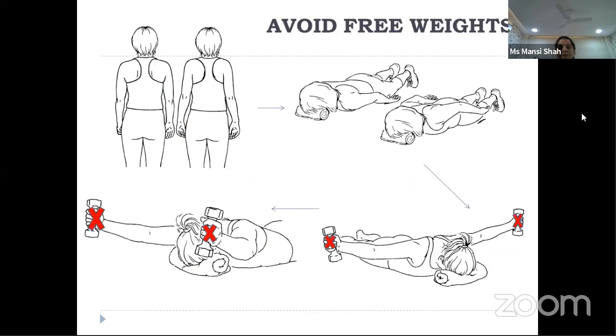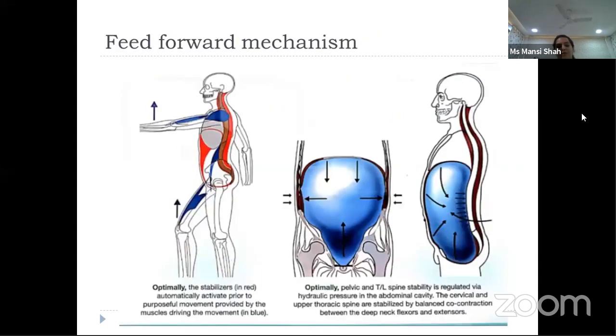So coming back to my answer of why should I train my core? Our body has a feed forward mechanism that it works on. As we can see over here, our body has an anticipatory posture control, which is created when our proximal stabilizers start to fire. Only after the stabilization step, the preparatory step, is done do our distal movers start functioning.